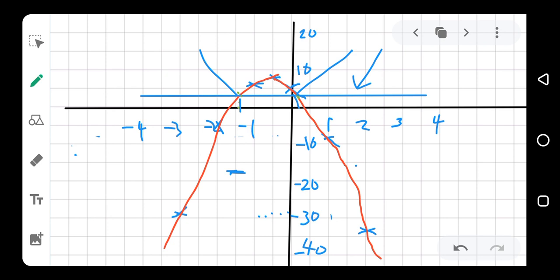Or sometimes it may not be for us to get the root, they may just want us to draw the two curves in the same graph sheet. They will not ask us to get the root of anything. We just leave it like that, and that is how to solve that one.